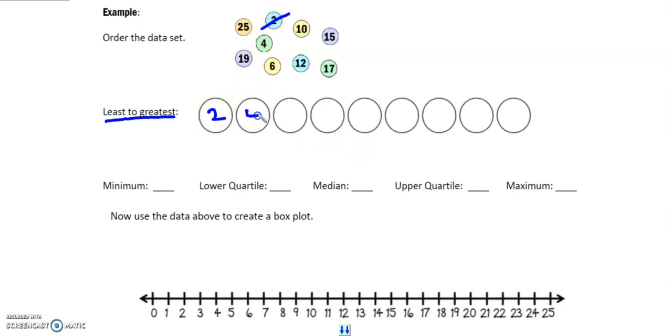And remember to cross them off as you use them. 4, 6, 10, 12, 15, 17, 19, and 25.